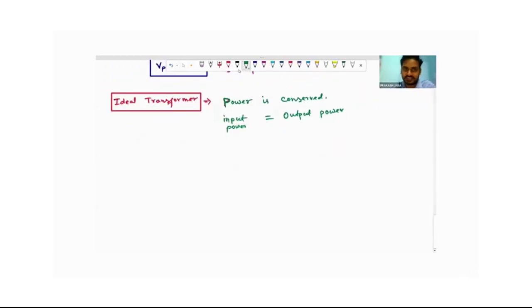We know voltage and current, so from this we can write the input power. Power P is equal to VI. Let us write it as power input and power output. So power input is Vp Ip, which equals Vs Is. Now we want the relation between currents in the primary and secondary.